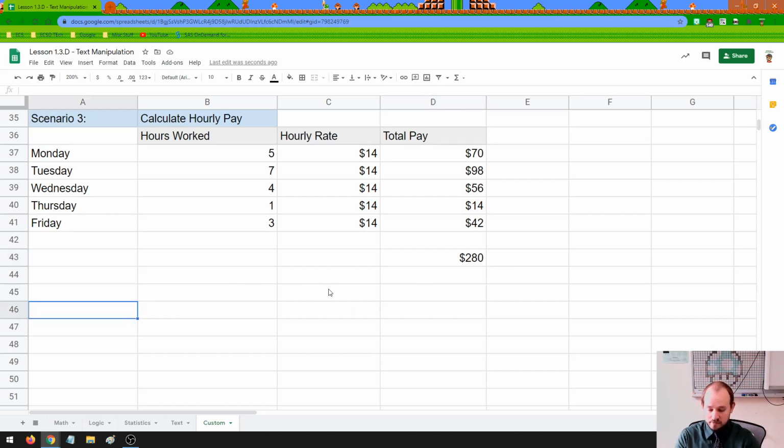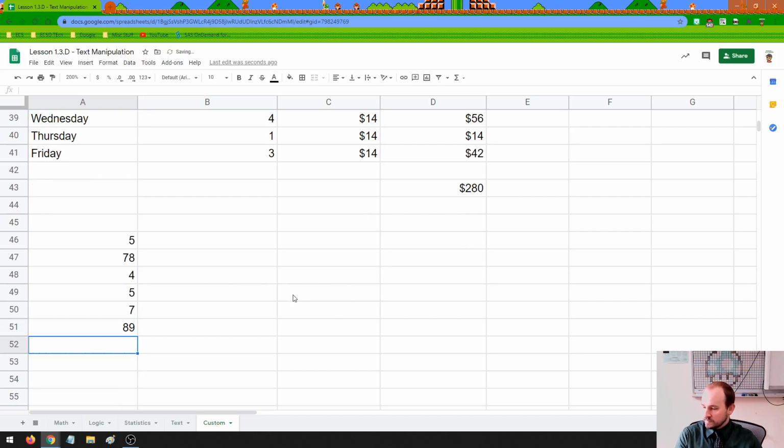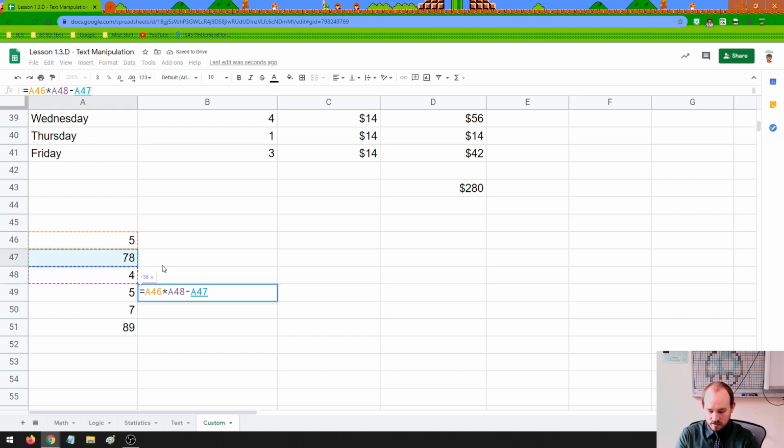We can take random numbers. All right, and then what I can say down here is this cell is equal to this number times this number, subtracting this number, let's say plus this number, divided by this number, and then plus this number.